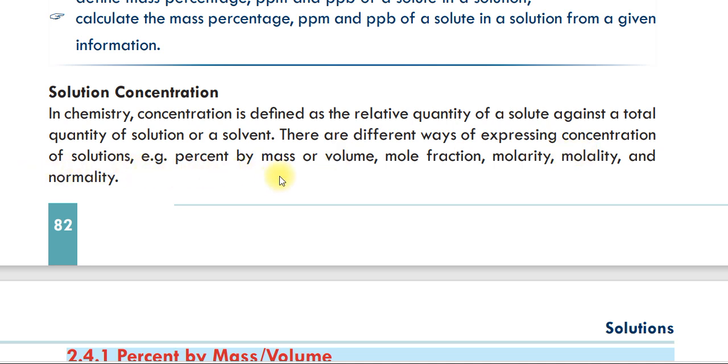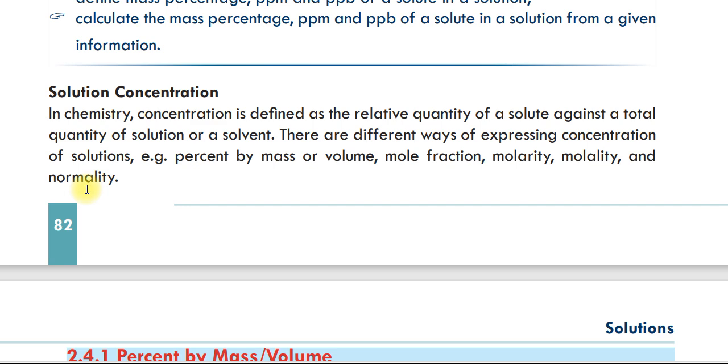For example, percent by mass or volume, mole fraction, molarity, molality and normality. ስለዚህ እዚህ ጋር የተጠቀሱት ነገሮች በሙሉ they are ways of expressing concentration of solutions. Percent by mass or by volume, mole fraction, molarity, molality and normality.